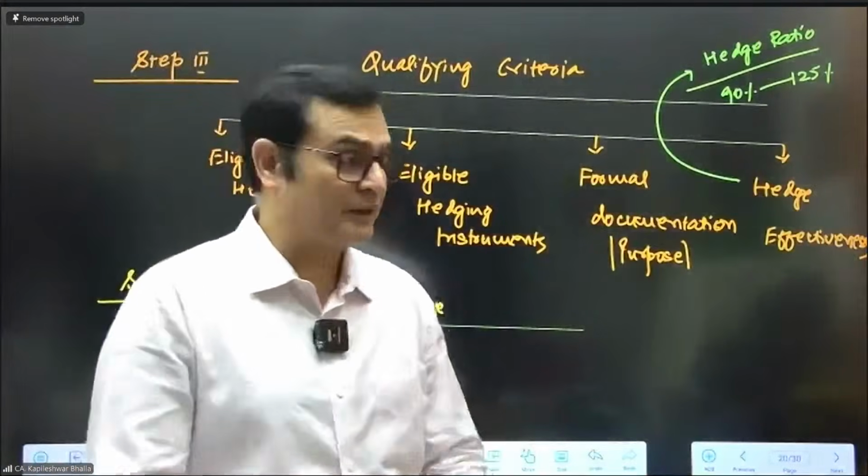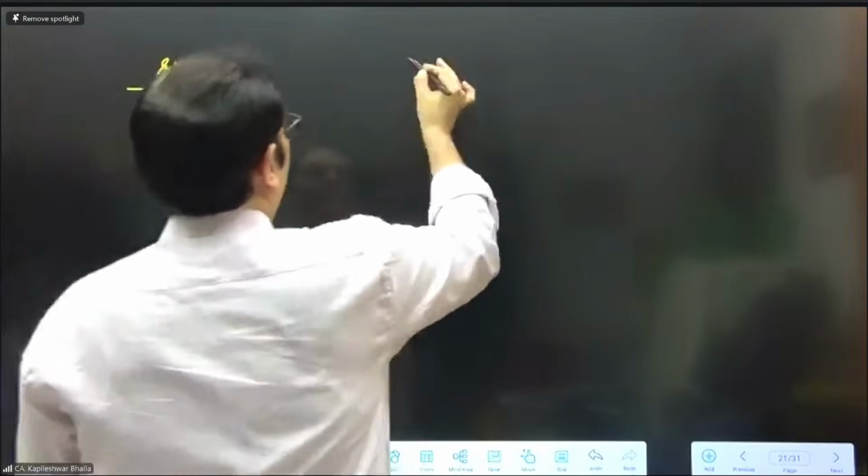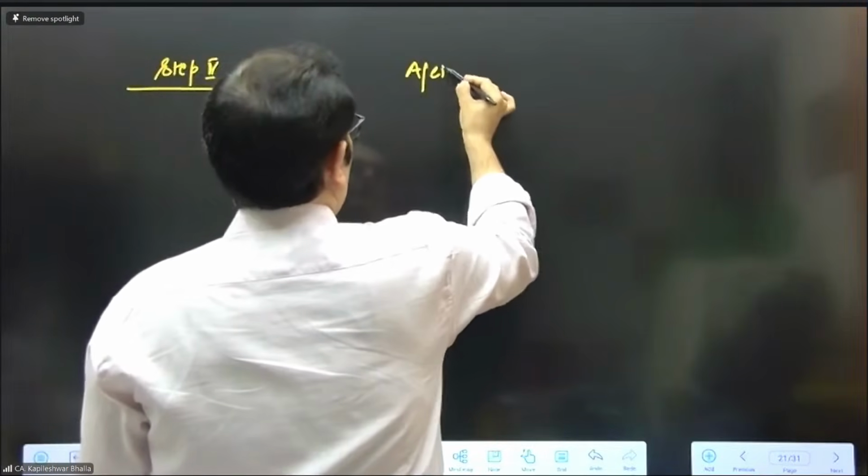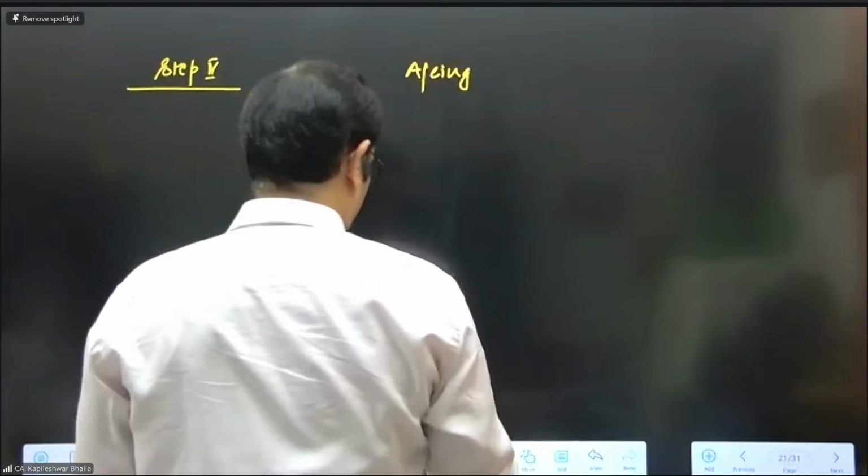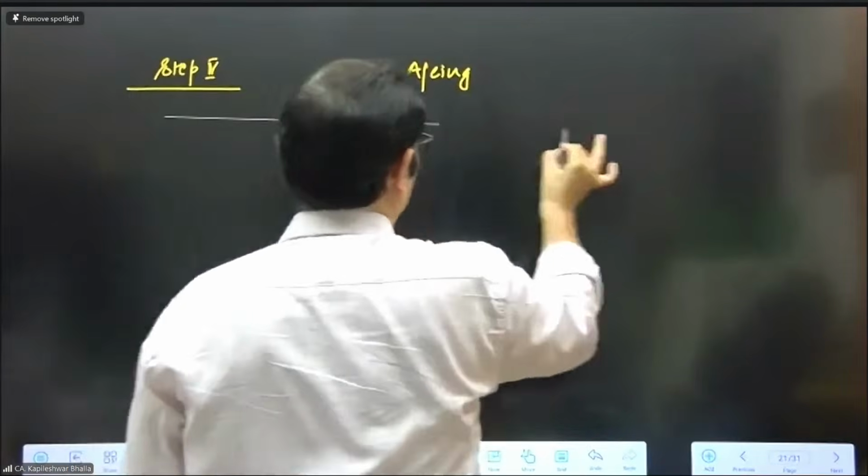But I think the crucial point is now step number 5, and that is the accounting. So let's make a clear-cut chart of what the accounting is for the different types of hedge.